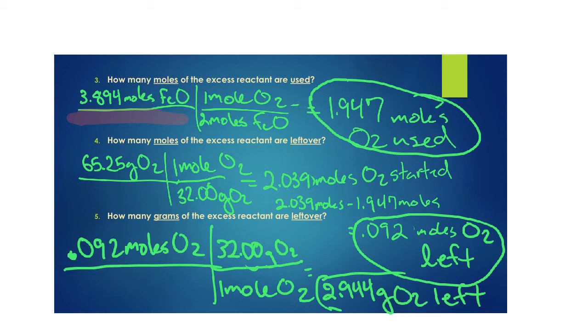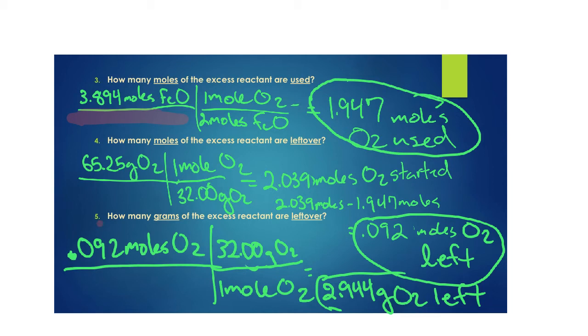And notice how I'm circling the answer, because again, this is going to get a little more complicated, there's going to be a lot more work, and some of us have better handwriting than others, me definitely on the lower side. So you want to circle your answer so it's very clear what your final answer is, keeping in mind the sig figs.